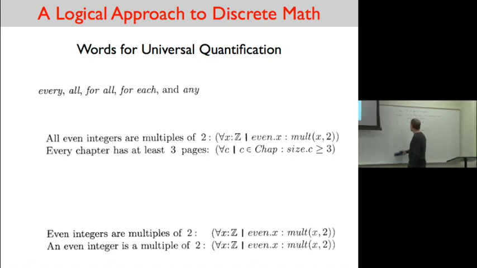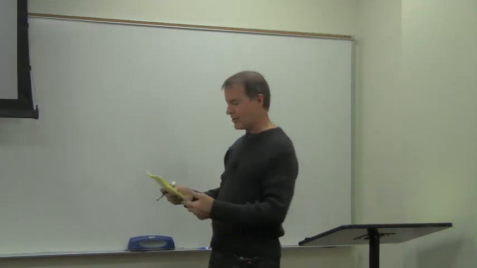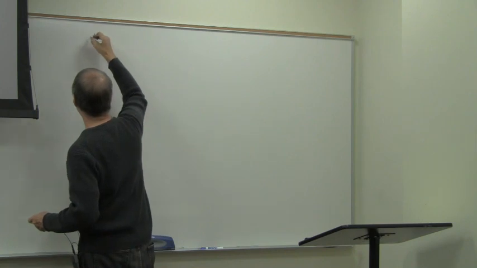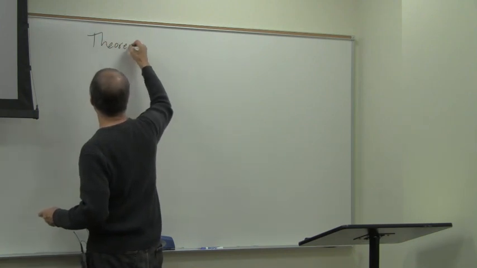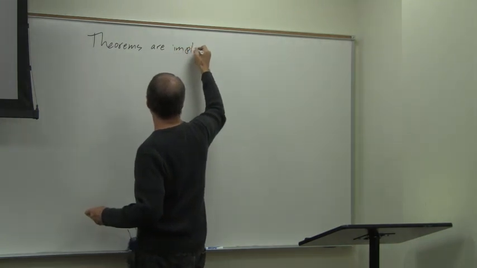All right, and now just to drive this point home, I put this up on the board once, but I want to do it again. Theorems are implicitly universally quantified.